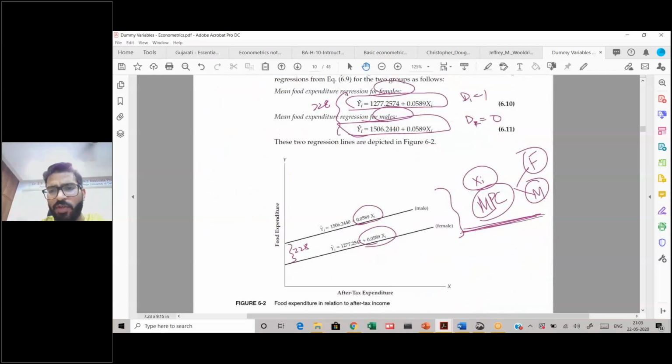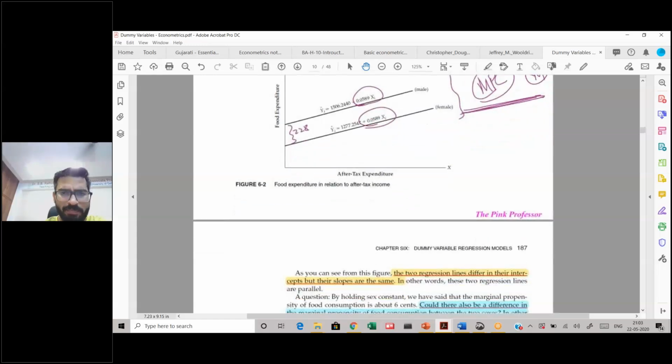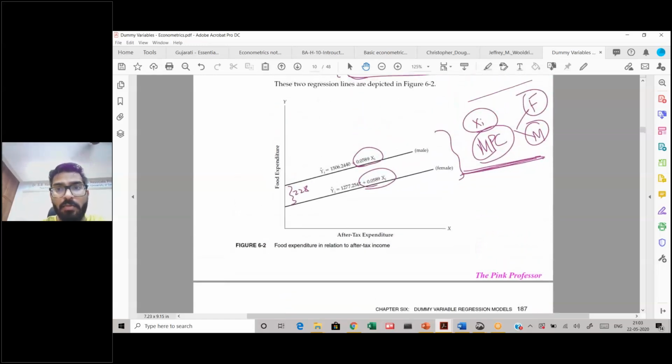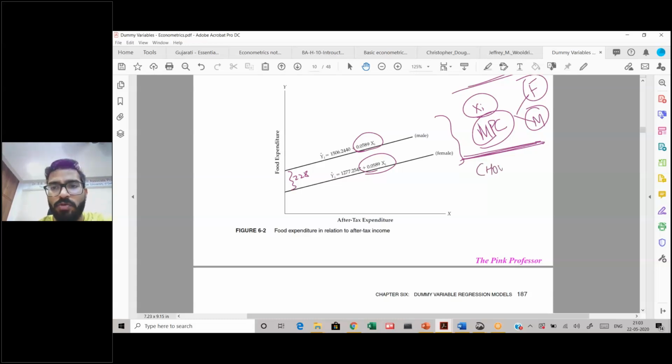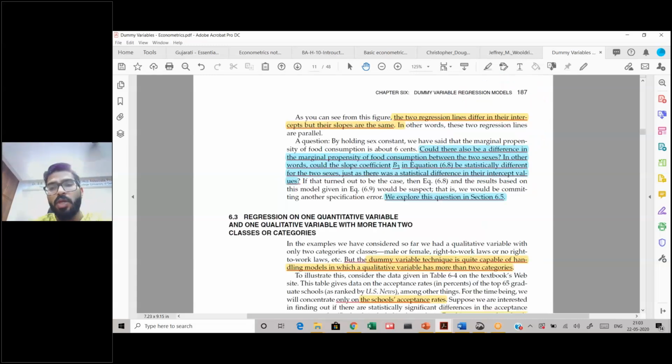Or let's wait for that. What is an interactive dummy? That is also part of your course, and we will also cover it through the Chow test. Just hold on to this. The question that I was asking is, could there be a difference in the marginal propensity to consume between the two sexes?